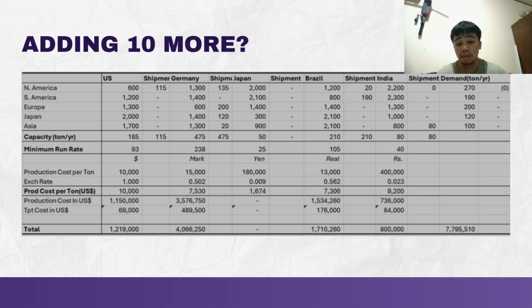This just means that adding 10 tons in Brazil lowers total cost because Brazil has the lowest production cost. It is already fully utilized, and every extra ton replaces more expensive production from other countries such as the United States or India without increasing the transportation costs, because the transportation costs are already at a fixed price, but we managed to produce extra tons with less cost when we do it in the Brazil plant.